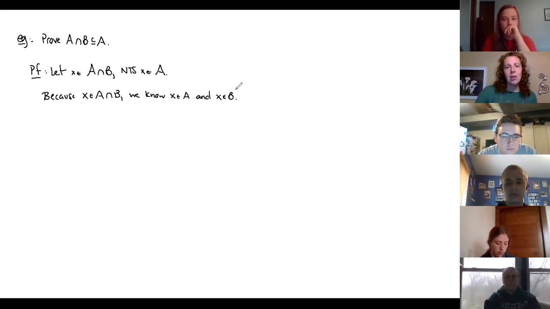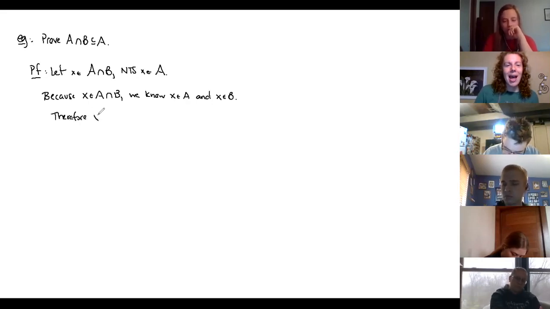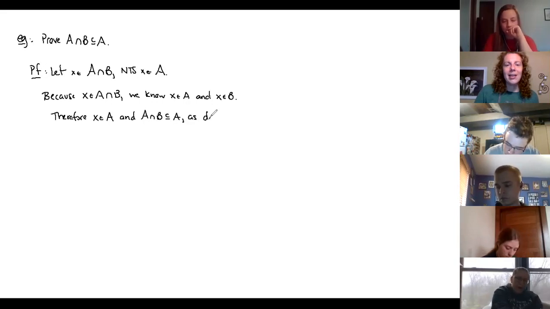This is a really easy proof. We're starting off with an easy one. And so therefore, x lives in capital A, and A intersect B is a subset of capital A, as desired. Again, really easy one. The next one's harder, but we're starting off with a really easy one for this one.